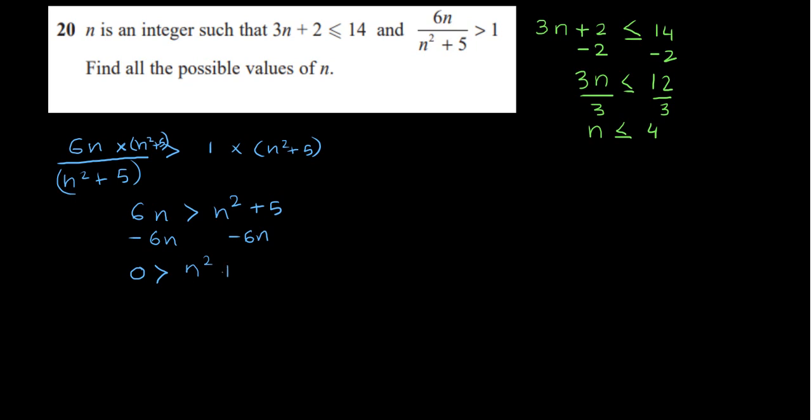I'm going to rearrange this as n squared minus 6n plus 5. Okay, two numbers that multiply to give you 5, not minus 6, and the same two numbers add to give you minus 6. So my two numbers are going to be minus 1 and minus 5. So minus 1 plus minus 5 is minus 6, and minus 1 times minus 5 is plus 5.